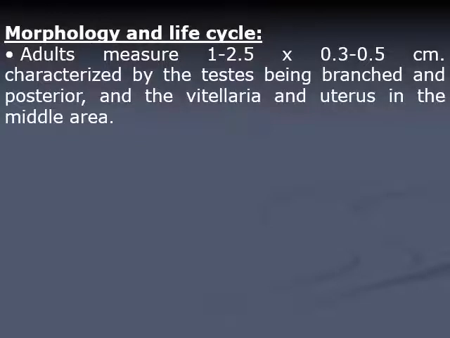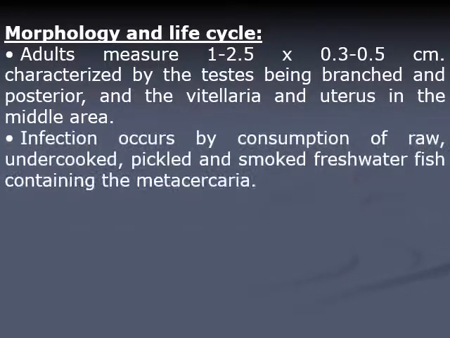It is characterized by the testes being branched and posterior, and the vitellaria and uterus are in the middle area of the body. Infection occurs by consumption of raw, undercooked, pickled, and smoked freshwater fish containing metacercaria.